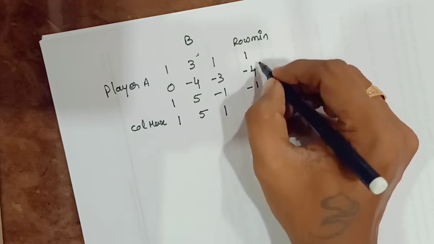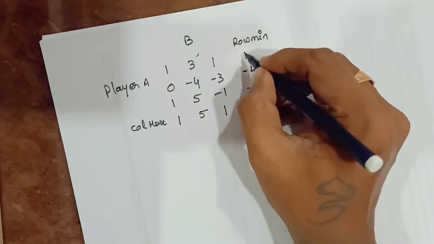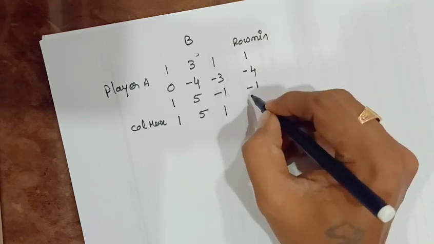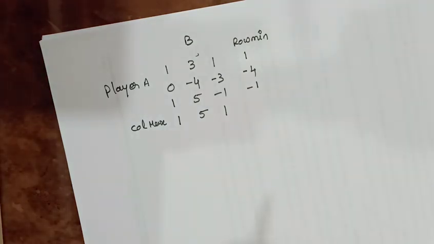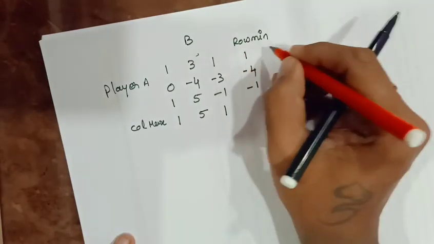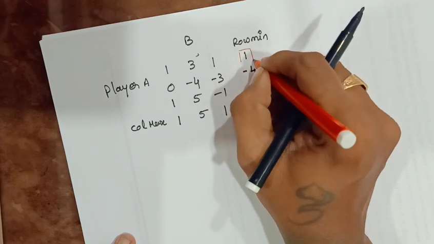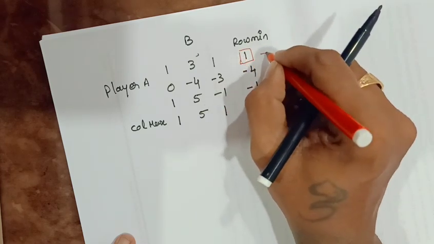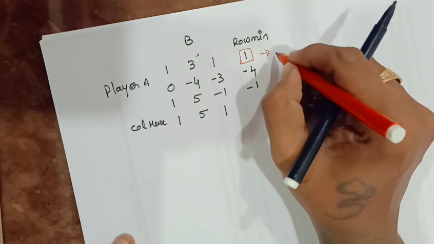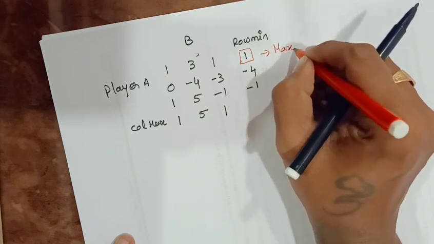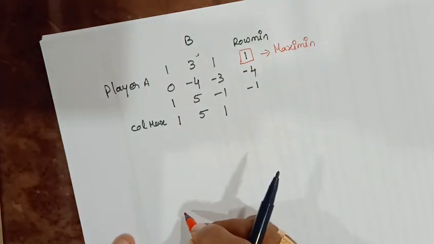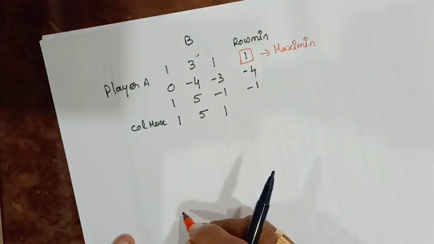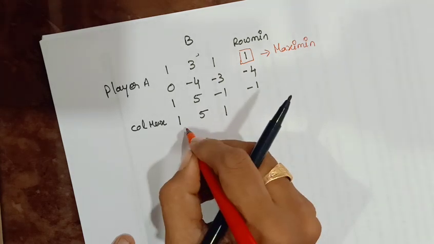So in the row minimum column, the maximum value we have to identify. So here we can identify this, and we can call this maximin. In the same way, in the column maximum, we have to find the minimum.